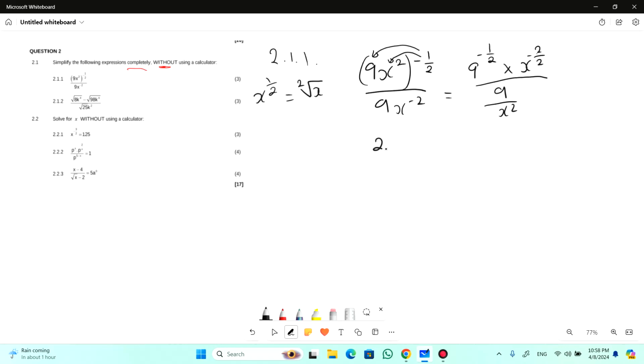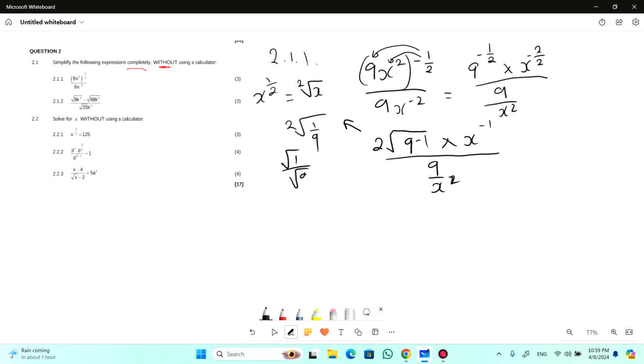We can put a 2 there, and this is 9 to the negative 1, because negative 2 over 2 is negative 1, and this is 9 over x squared. So this one can be written as the square root of 1 over 9, and hence root 1 over root 9, which will give us 1 over 3.